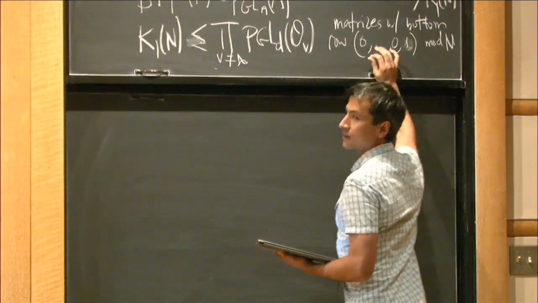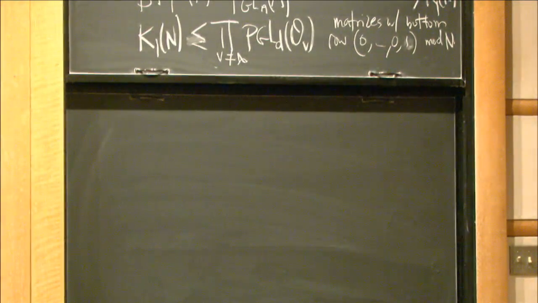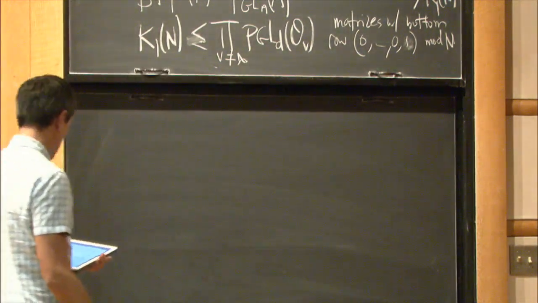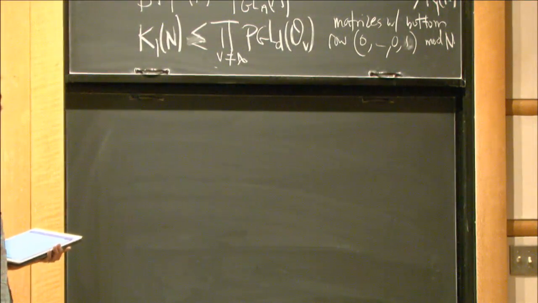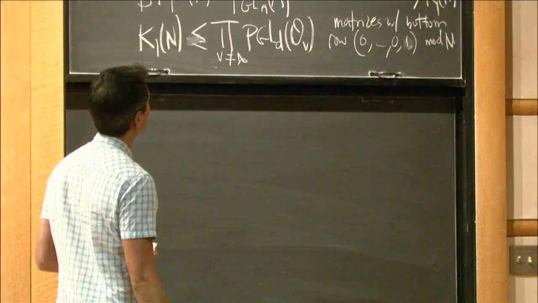Does it matter? I mean, I could just multiply the matrix by something to make the bottom entry 1. But OK, why do you write K_1 not K_0 on this? Oh, no, we want 1.